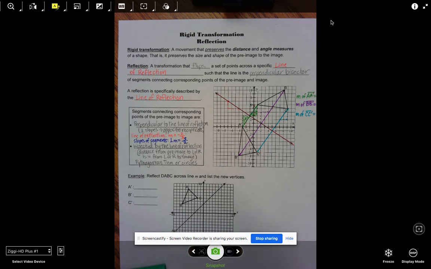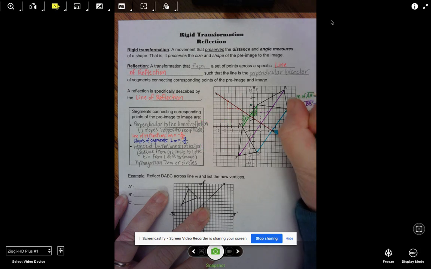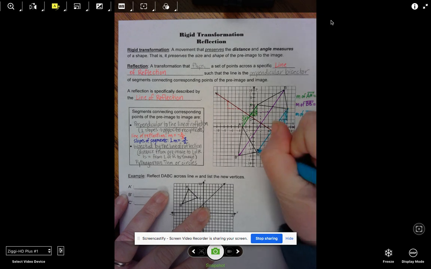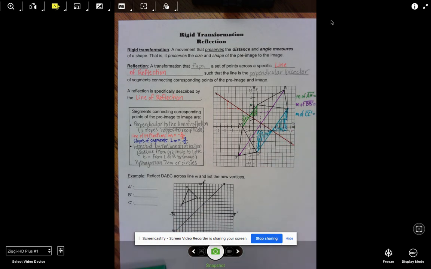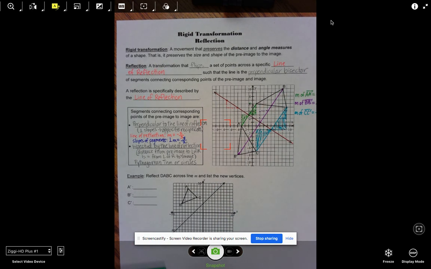Let's look at C. So if I check the distance here and I draw this right triangle to the point where it crosses, this is a right triangle that has legs of 6 and 4. And so I want to make sure that from that point to my image point, that it's also a 6x4 triangle. Okay, so I'm guaranteeing that this distance is equal to this distance. So that's one way to check using Pythagorean theorem.